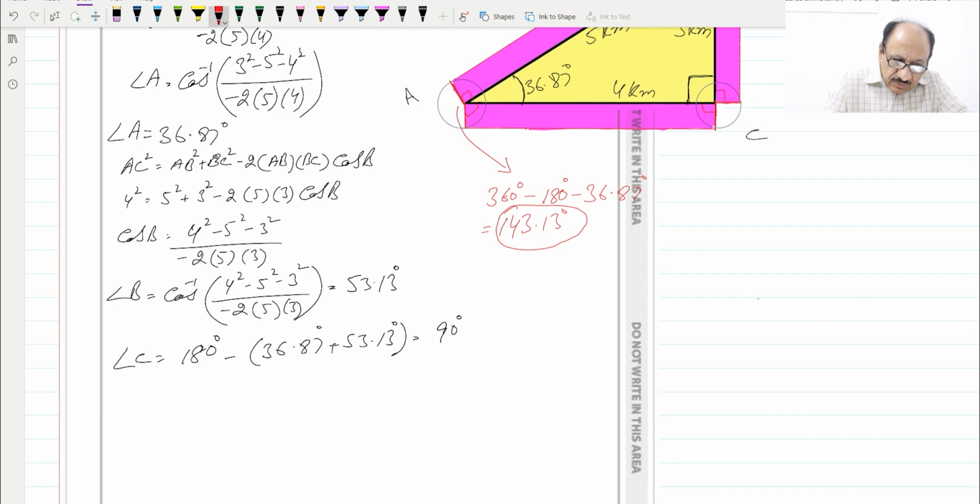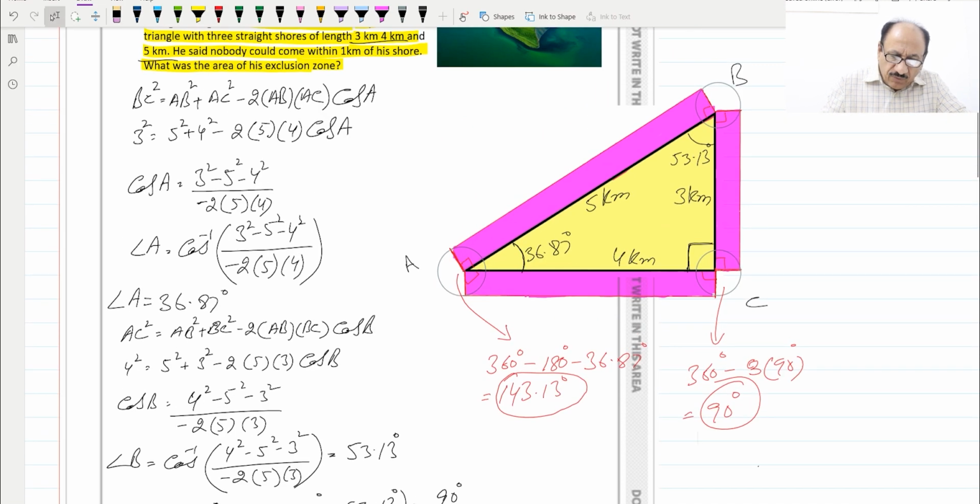Similarly, we can find the sector C angle also. Sector C angle will be 360 minus 3 into 90. So 3 into 90 is 270, so this will be 90 degrees. Similarly, we can find angle B also. For angle B, I will solve here. It will be 360 minus, two angles are 90, so 90 plus 90 is 180, minus 53.13.